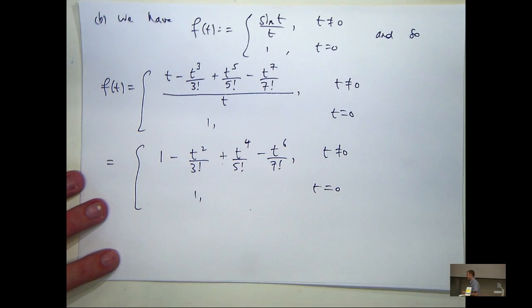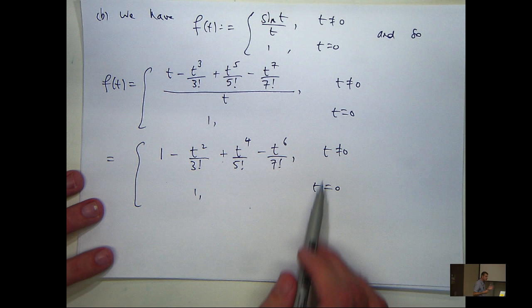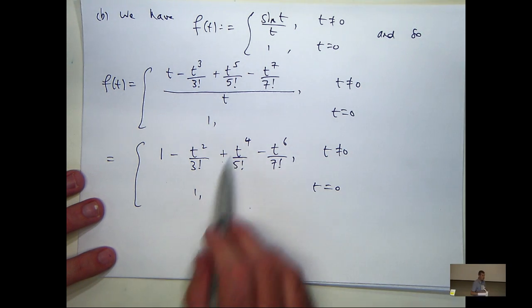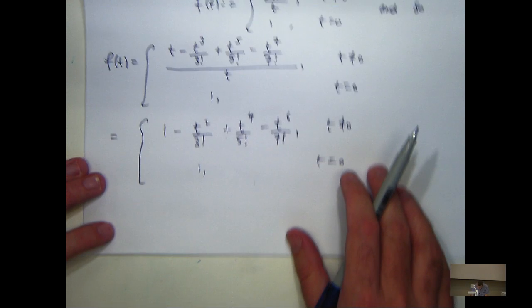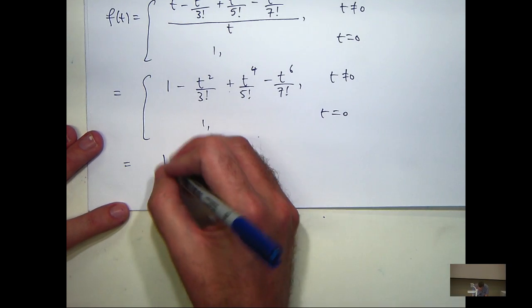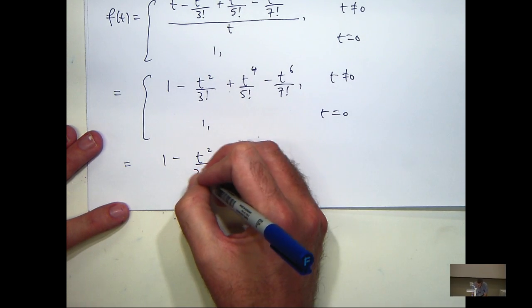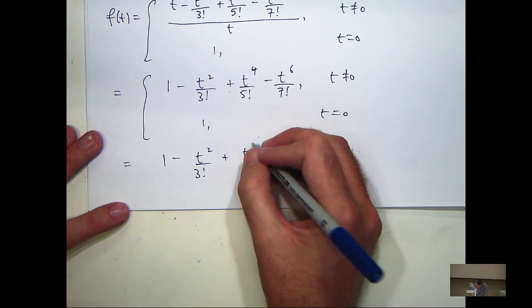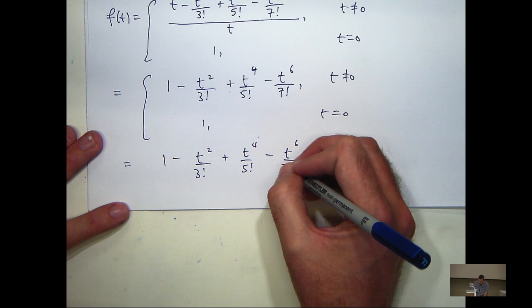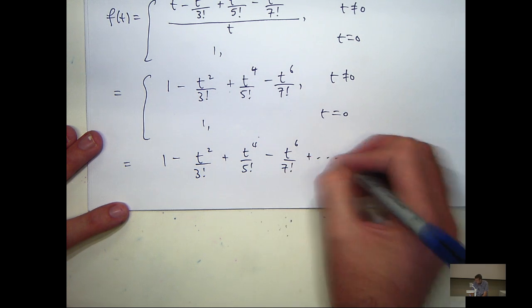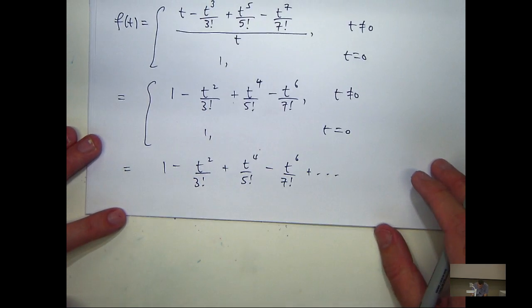Now, look closely. These two definitions are the same for t equals 0. So I can just bring them back to the following. This covers both cases, t equals 0 and t not equal to 0. Okay?